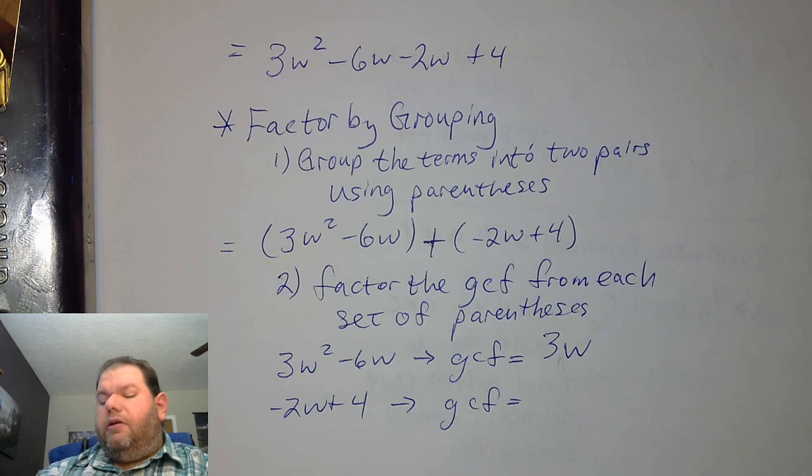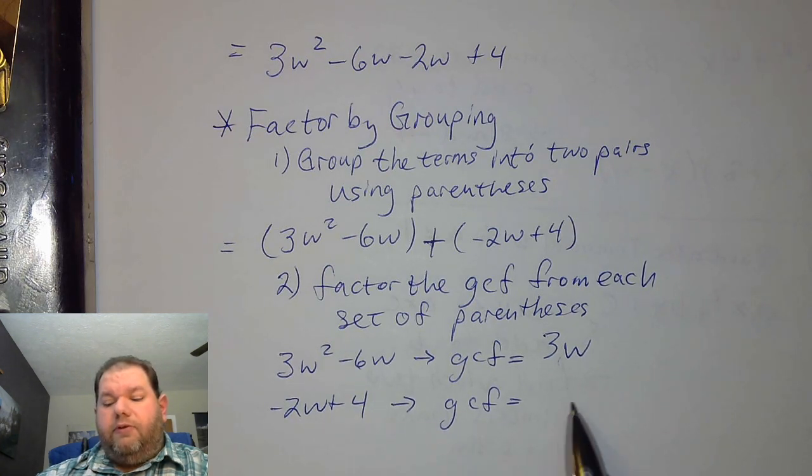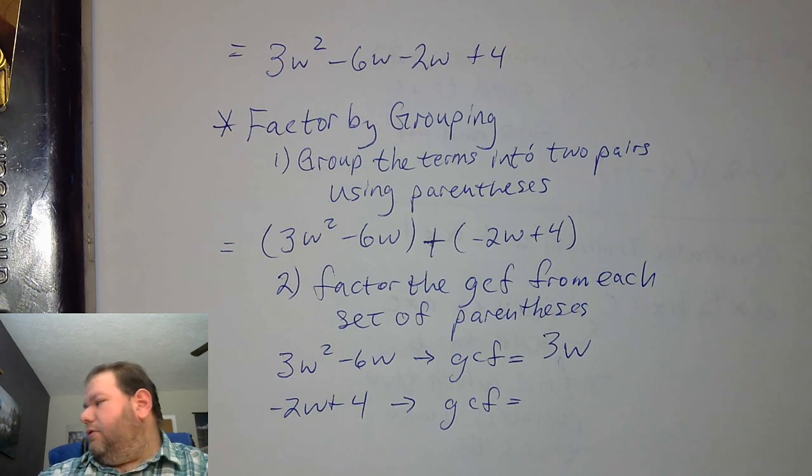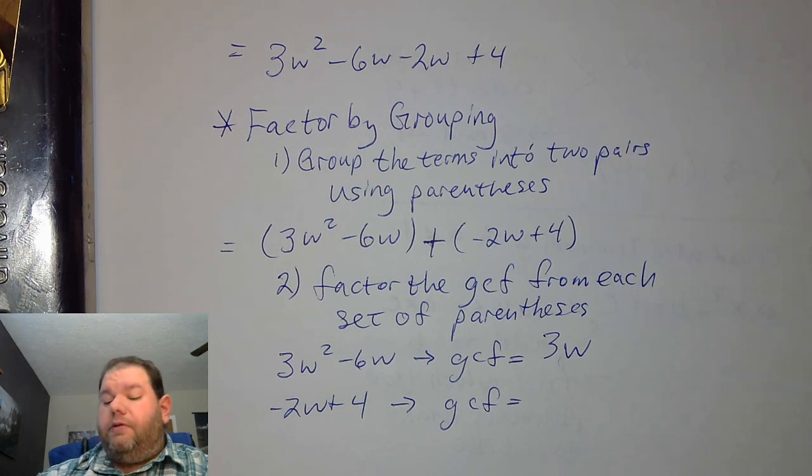Okay. Now minus 2w and 4. This time both numbers do not have w, so there is no w in the common factor, but negative 2 and 4 do have a number in common, and that would be 2. Good.